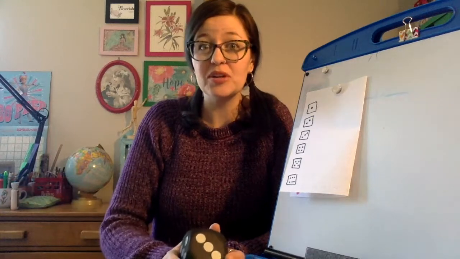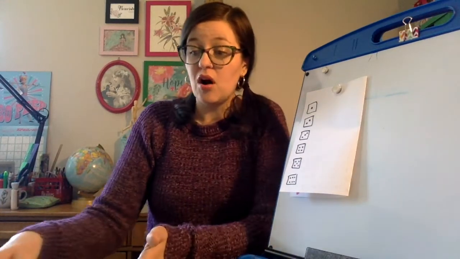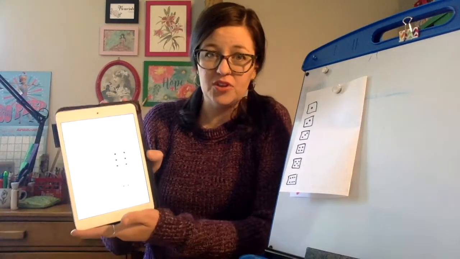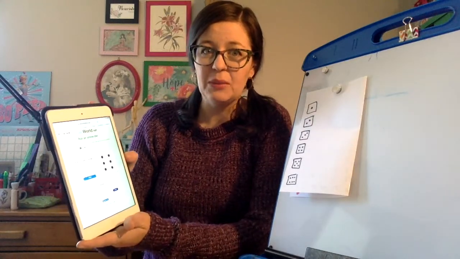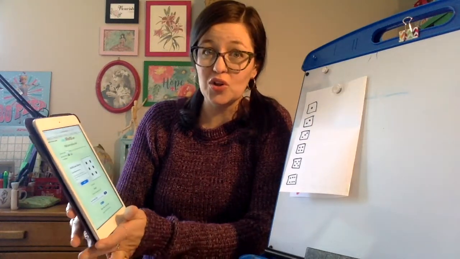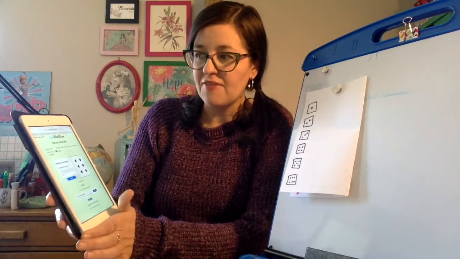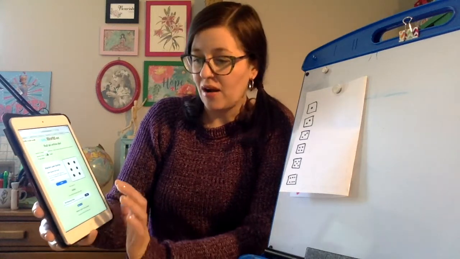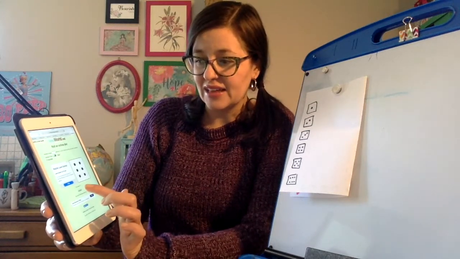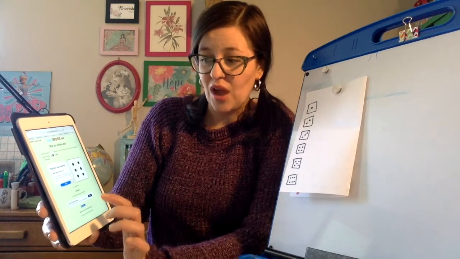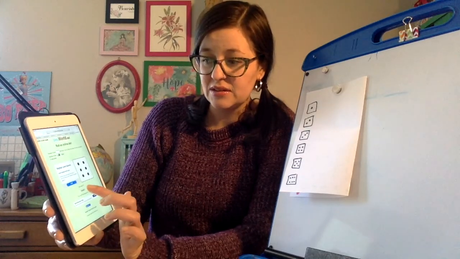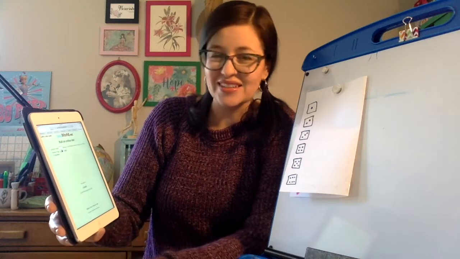So make sure you have permission, or online, if you search for virtual dice, I found a website here where all I do is click and it rolls the dice. Oh, it's loading.